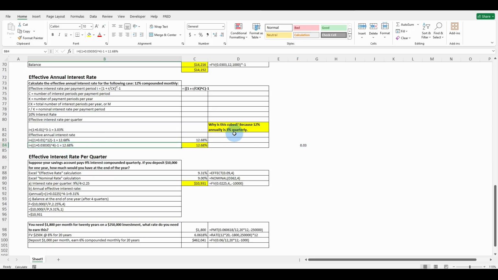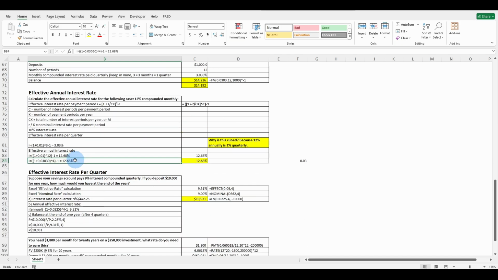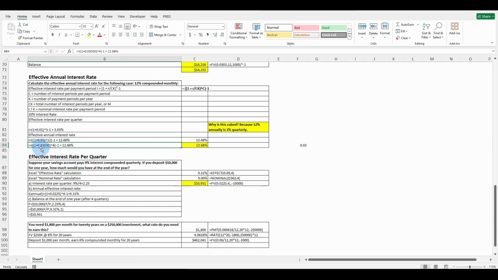And then why is this cubed? Because this breaks down that 12% to 3.03. Got that? I is equal 1 plus 0.01 cubed, so 3.03. And then here, how many periods are there? 4. Remember, up here we use 36. Here we used quarterly. So we're going to use this in. That is our effective annual rate.